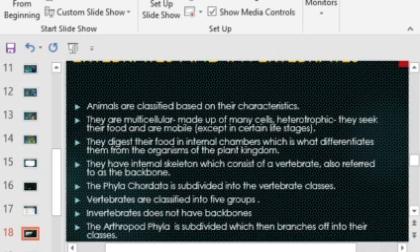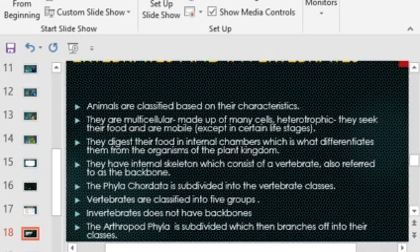So we have invertebrates. They do not have backbones at all, and just to note here as well, so that you don't get confused based on the flowchart we just looked at, the Arthropoda phylum is actually subdivided, which then branches off into their invertebrate classes.